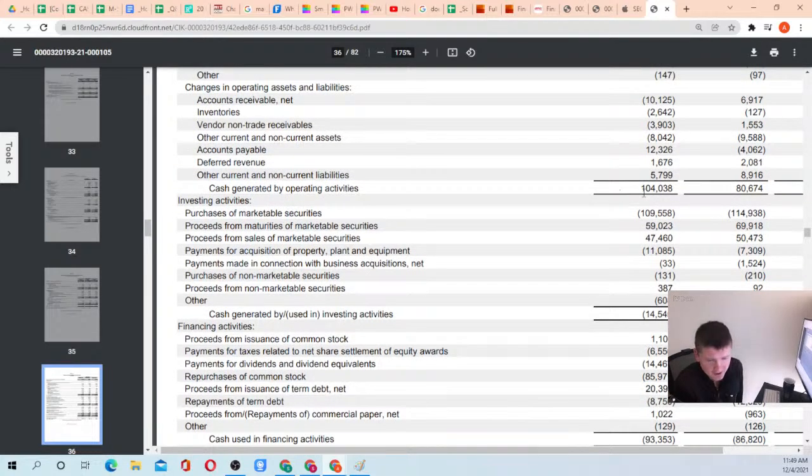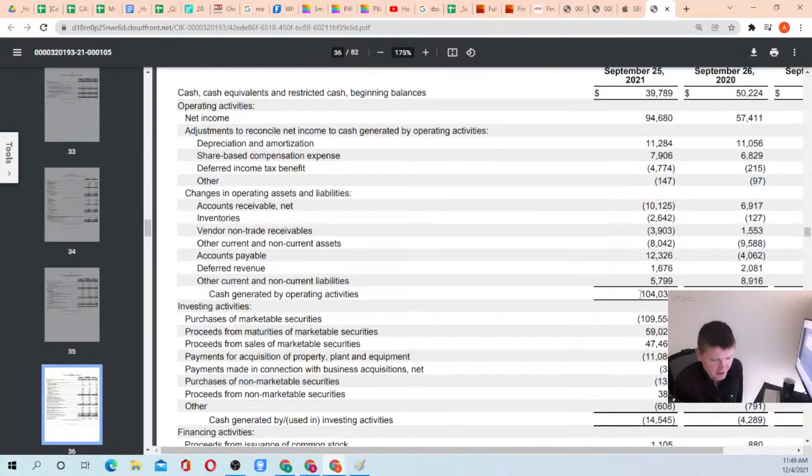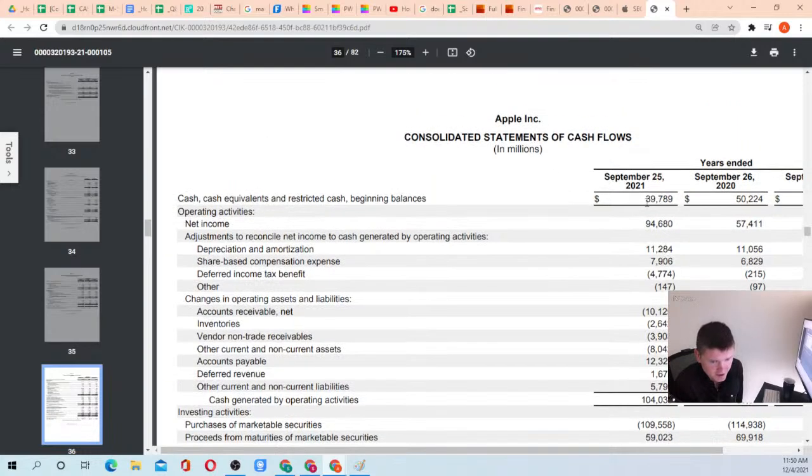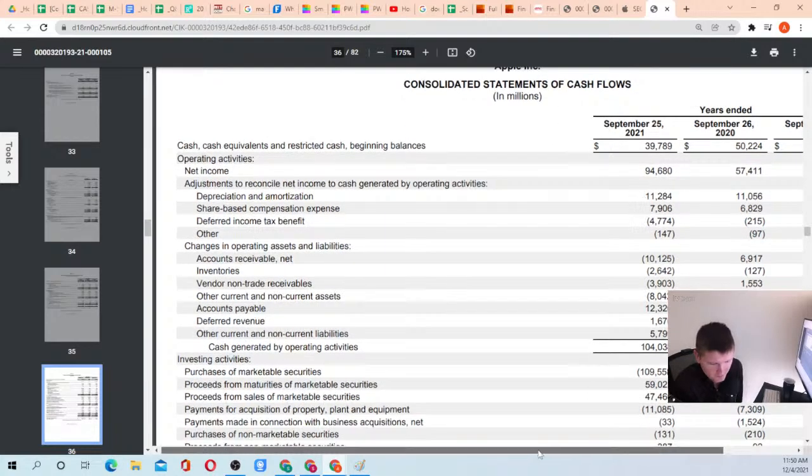But they can afford that. Their operating cash flow is $104 billion. It's huge. They have net income of almost $100 billion. So that's a fresh Apple income statement.